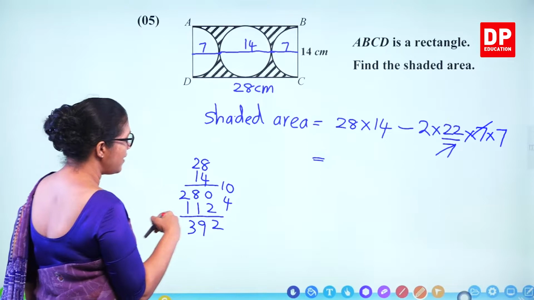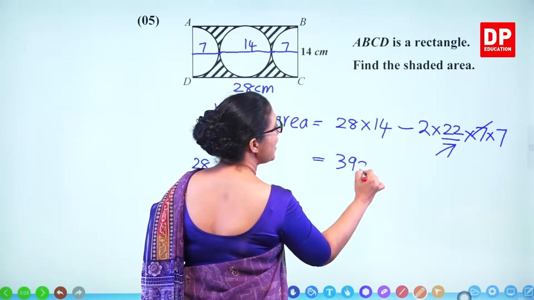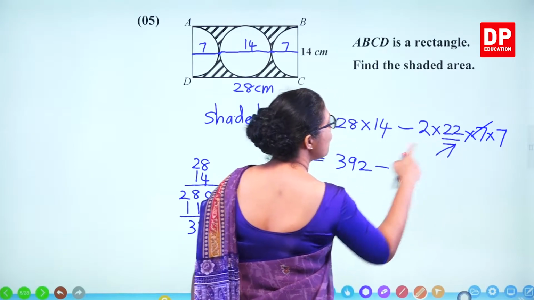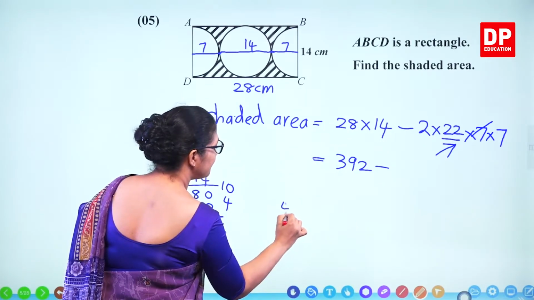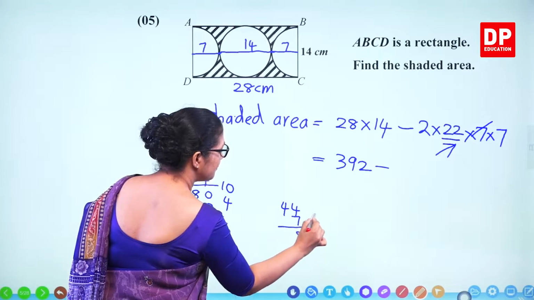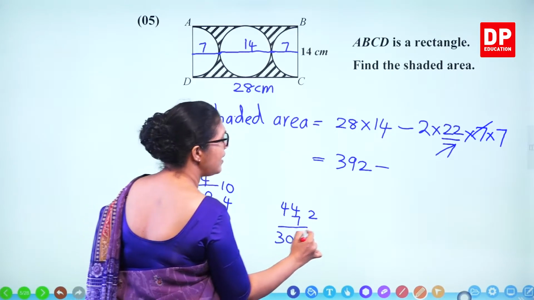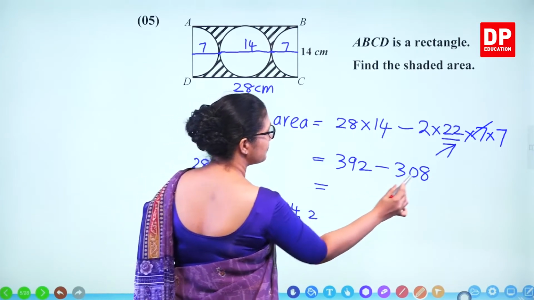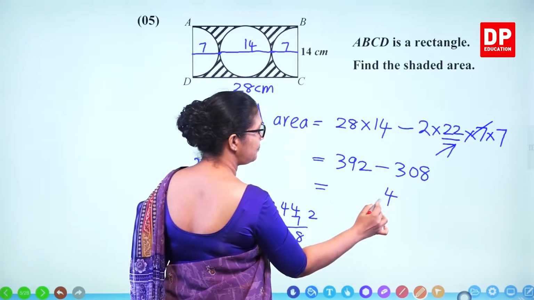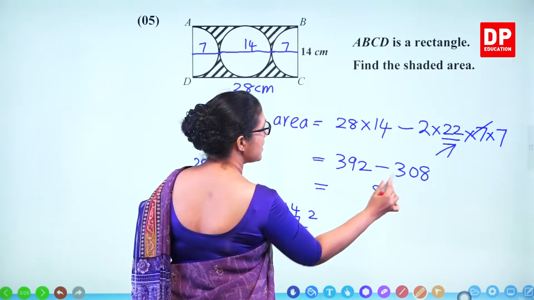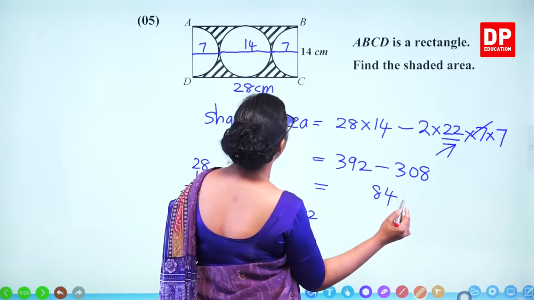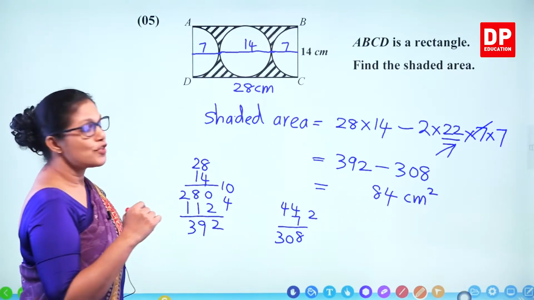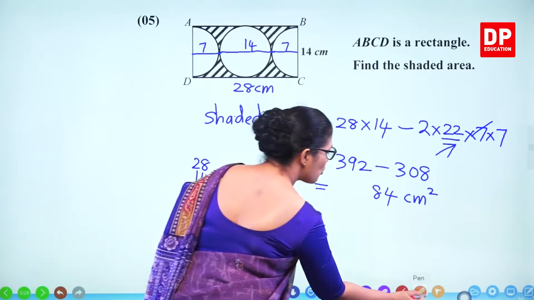That's 392. Minus this one, you get 44 times 7, 308. Now subtract, 4, 8. So 84 square centimeters is the area of the shaded part. So you get 2 marks for that.